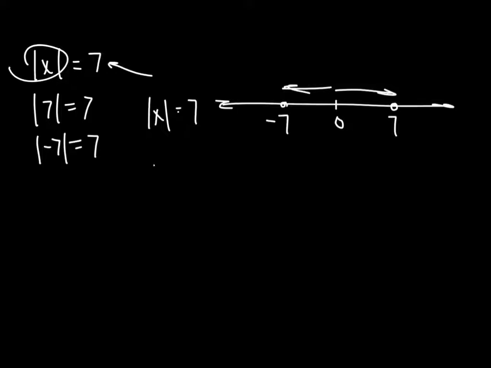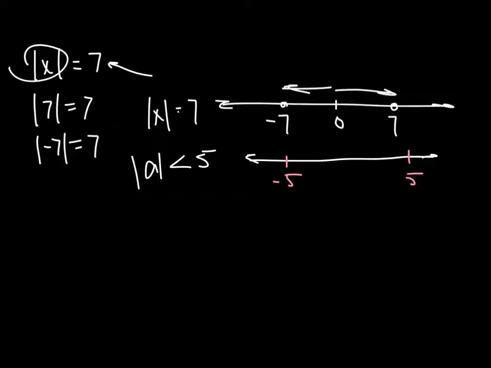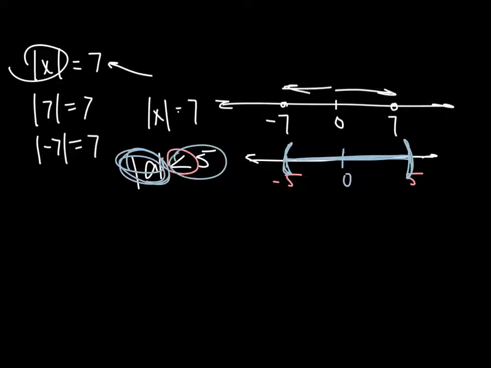If we say the absolute value of a is less than 5, then we're saying that we're at negative 5 here and positive 5 here. The less than sign means that it is not equal to, but that number for a is somewhere between negative 5 and 5, because the distance of a from 0 is less than 5.